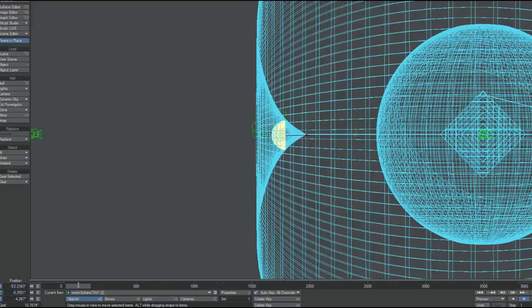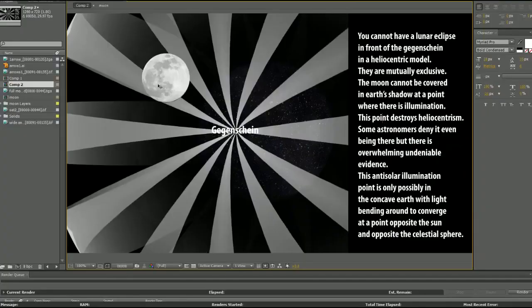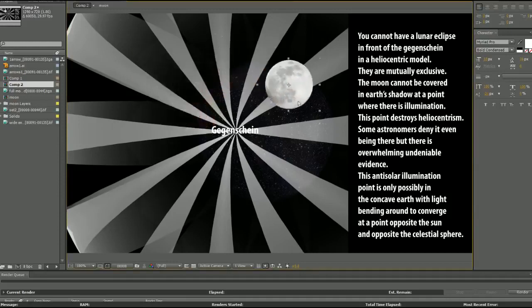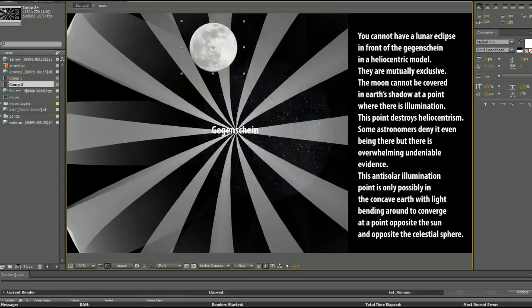And let's go back here in After Effects. I'm going to play with the moon here. So you take this moon and you can move it around. See, when it's not orange like that, it's inside the apple of illumination.